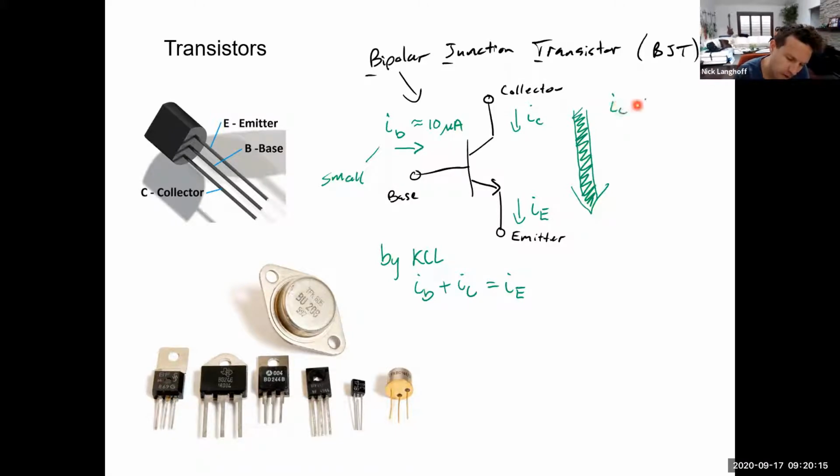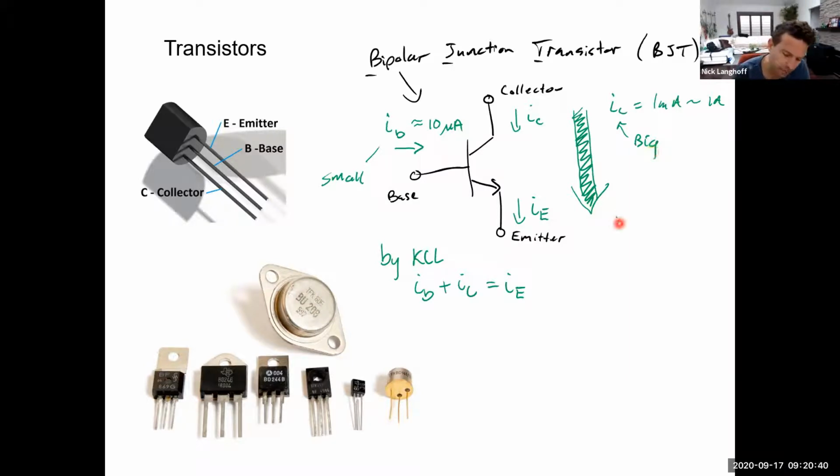IC could be on the order of maybe 1 milliamp all the way up to 10 amps. Well, maybe that's a little bit high. Maybe we'll say up to an amp or something like that. And this is really big, and it turns out that's the magic thing that a transistor does: it amplifies the base current.